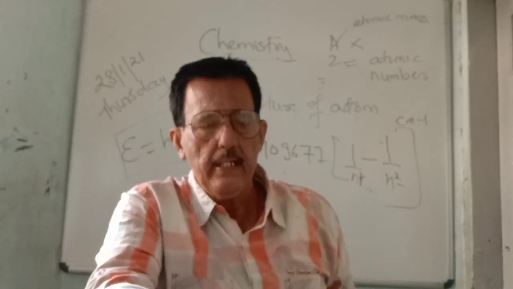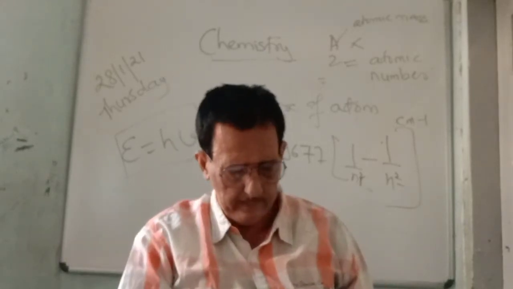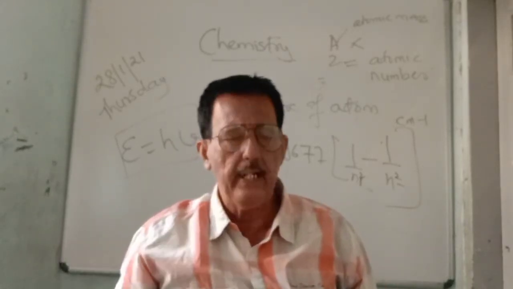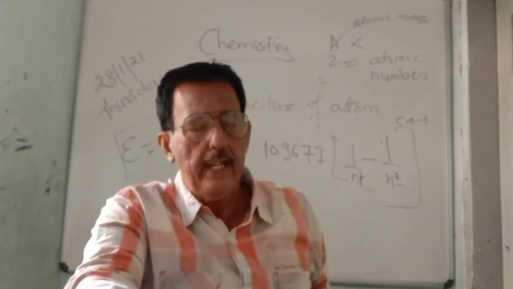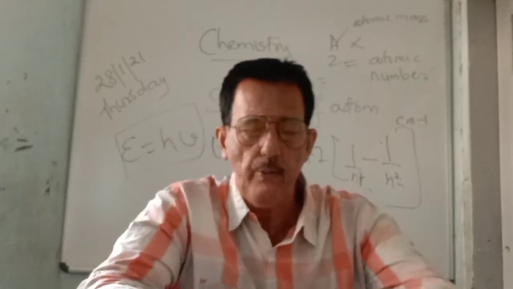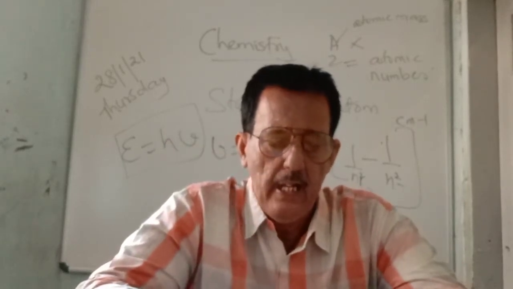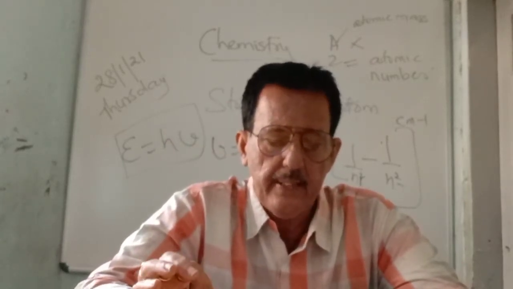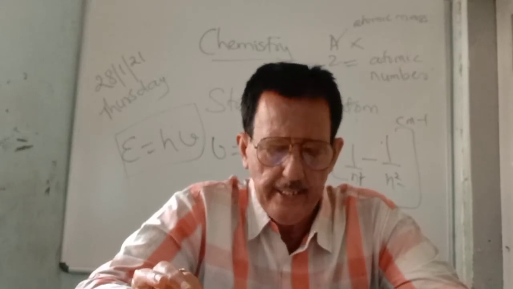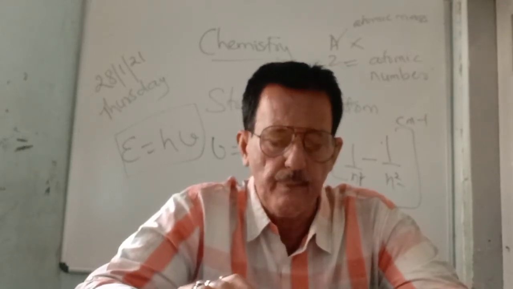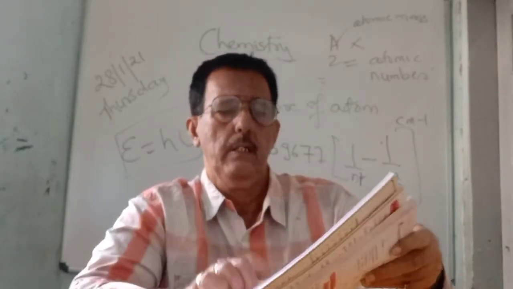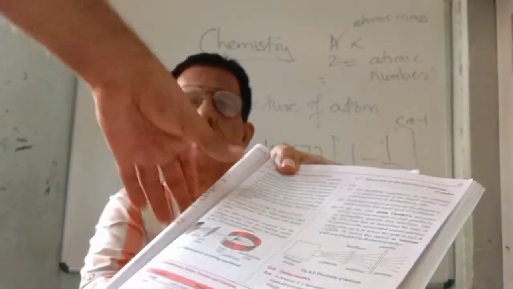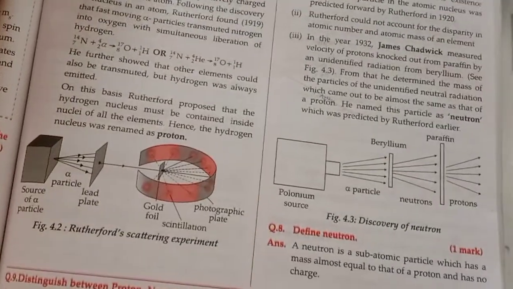In the year 1911, Ernest Rutherford performed an experiment of scattering of alpha particles by thin gold foil. See figure 4.2.